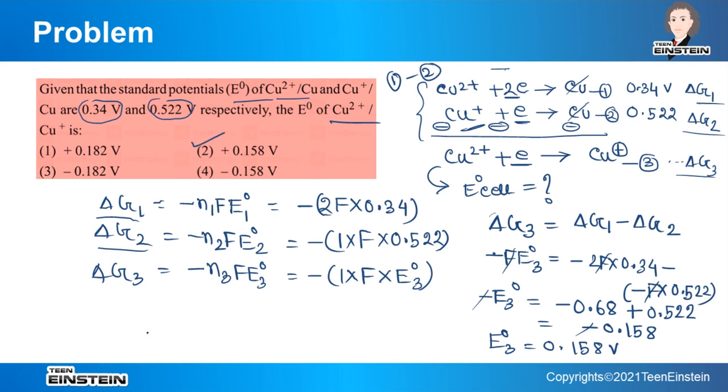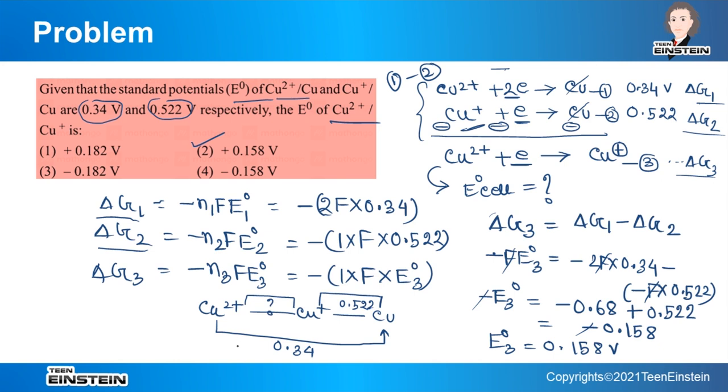Now there is another way you can do it. Suppose we have written Cu2 plus, then Cu plus, then Cu, right? Now when we are moving from Cu2 plus to Cu, this value is 0.34. When we are moving from Cu plus to Cu, this value is 0.522. But we need this value, which is unknown.